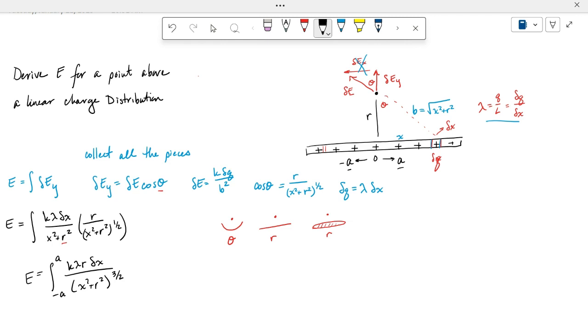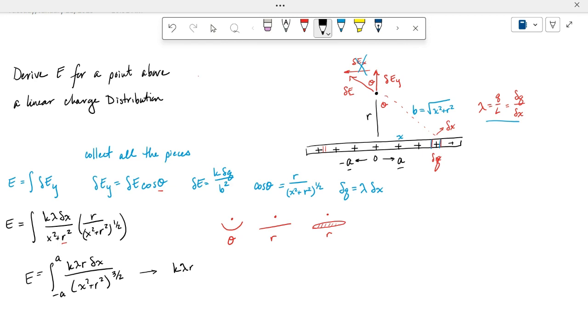Now, I'm going to pull out the constants. So k is a constant, lambda is a constant. The r is a constant because it's always going to be the same distance above the surface.